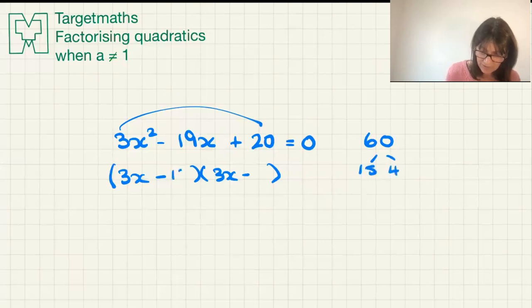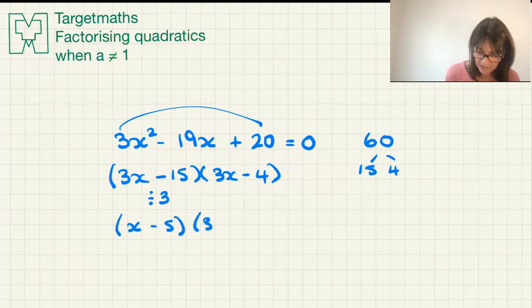Doesn't matter which order I put them in. Do my division. So I'm going to divide that one by 3. It's going to give me x minus 5. Can't do anything with the other one. And I can now go on and solve. X is equal to 5. And then x is equal to 4 over 3.